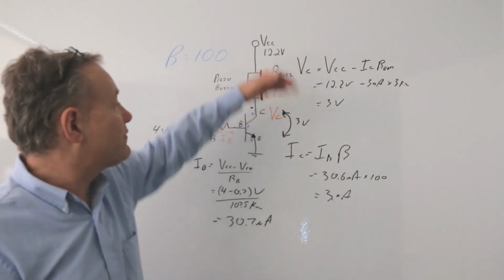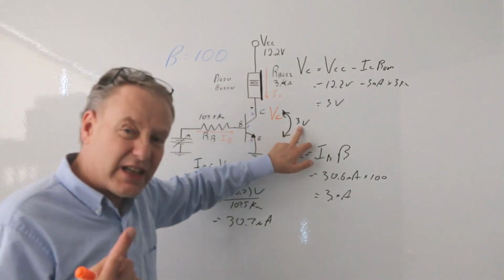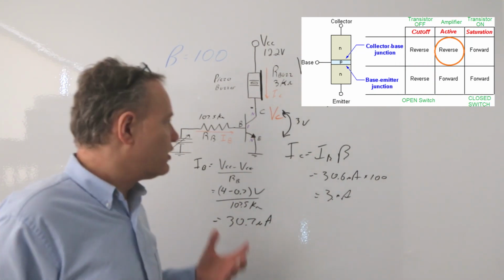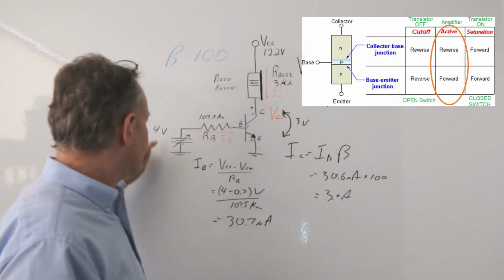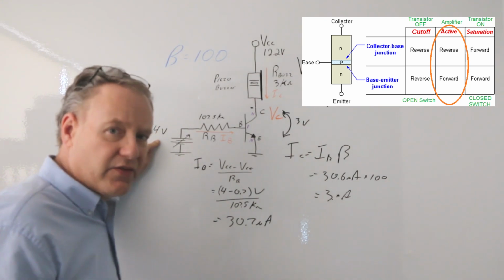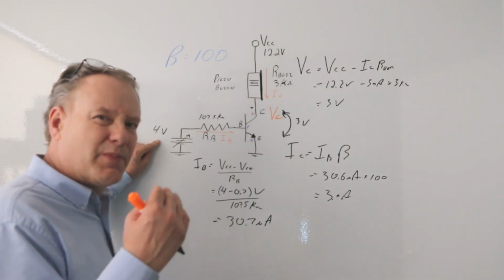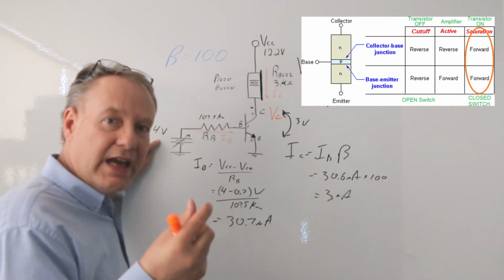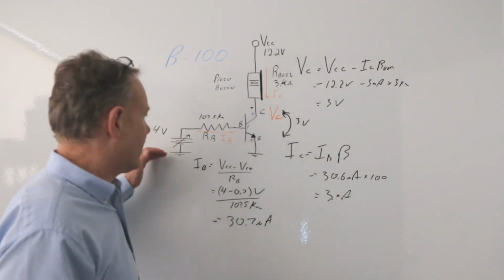When I do this math again, I'm going to see that this actually gets higher, but it's still reverse biased, so it's still in active mode. If I kick it up to 5 volts, it becomes saturated. So there's that sweet range where we're actually amplifying this.